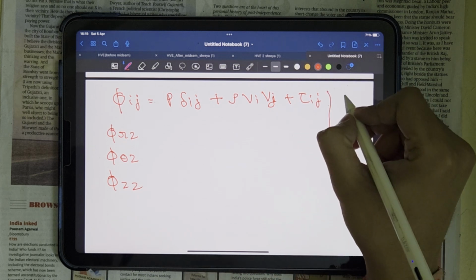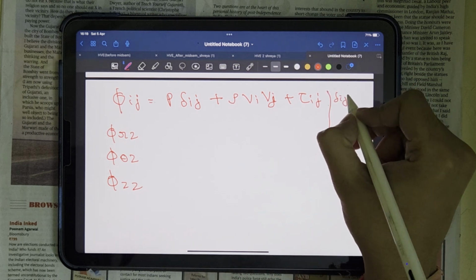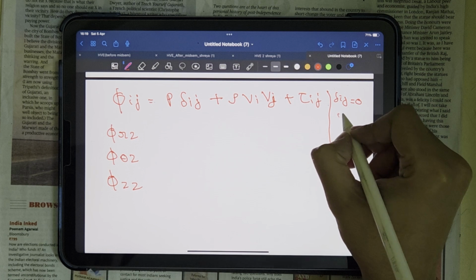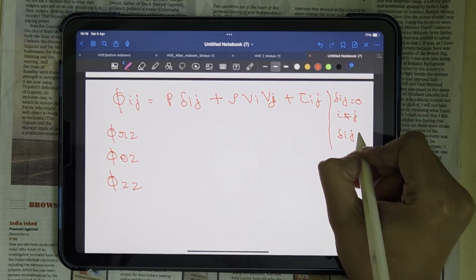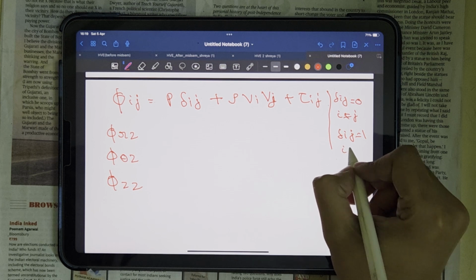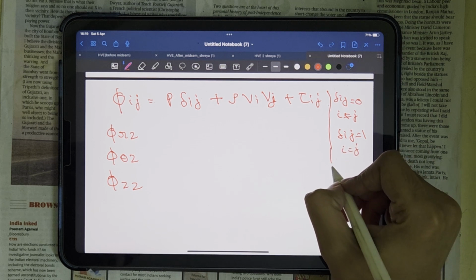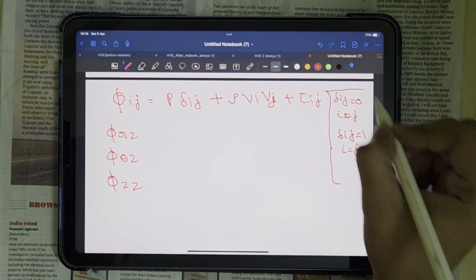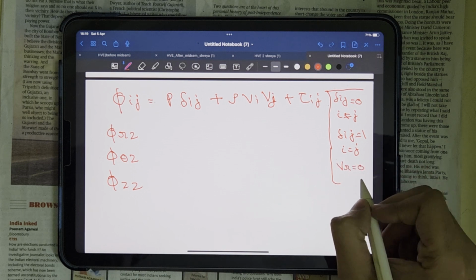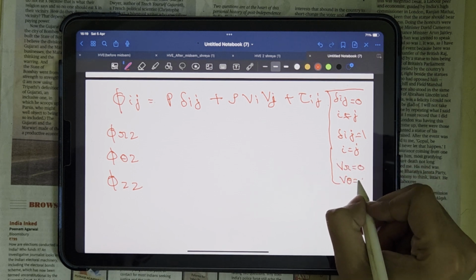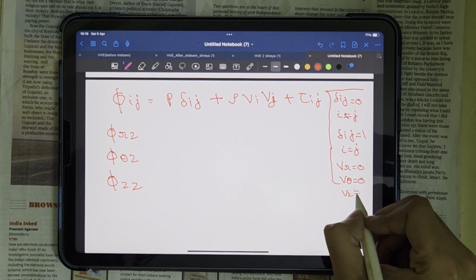Like I will specify it here. Delta ij is 0 if i is not equal to j, and delta ij is 1 if i is equal to j. I will write it again. Vr is 0, V theta is 0, Vz is non-zero.